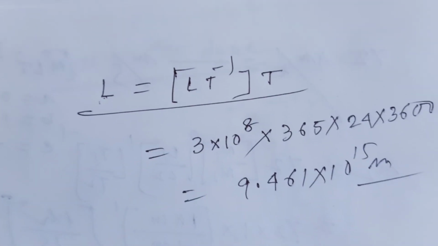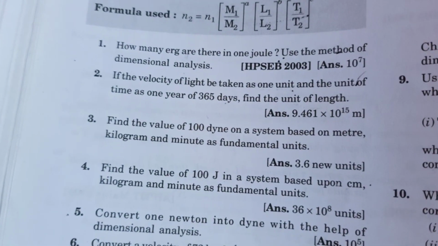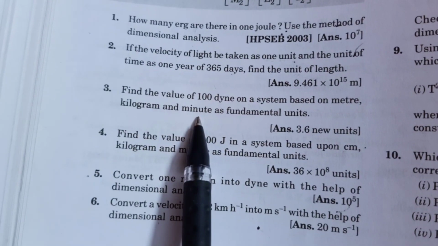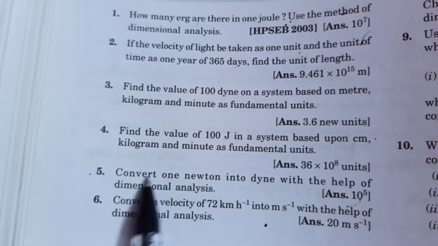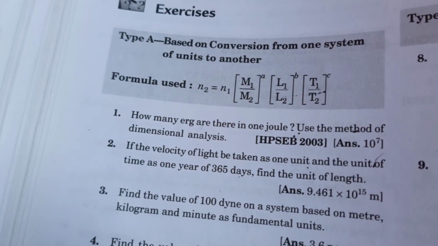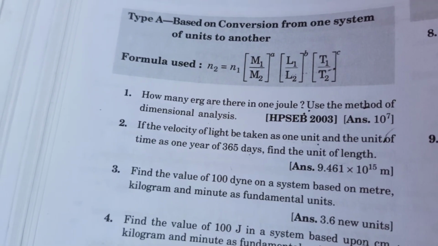So it is a very simple concept. 1 is clear, 2 is clear, 3 you can change, 4 is clear, 5 is clear, 6 is clear. So all the numericals based on type A are cleared.